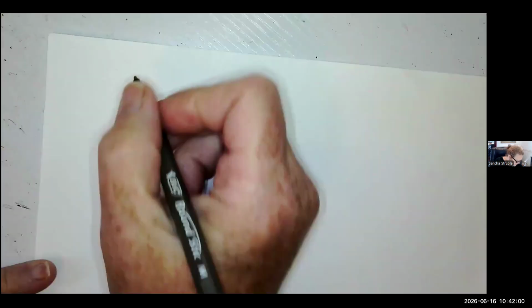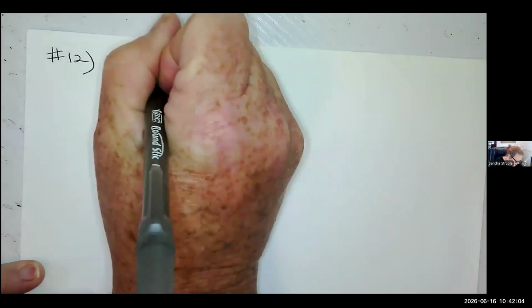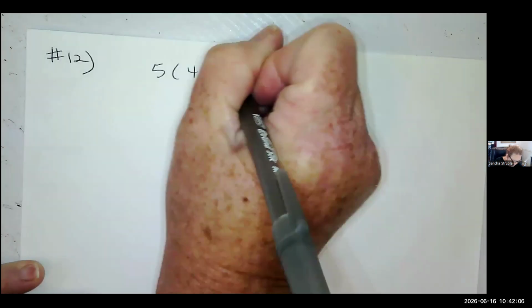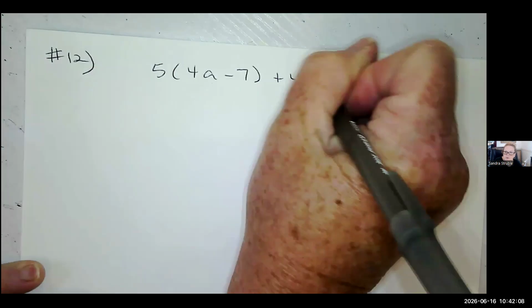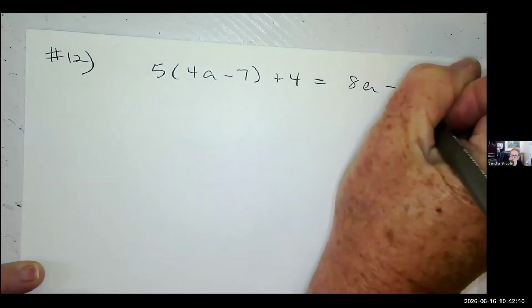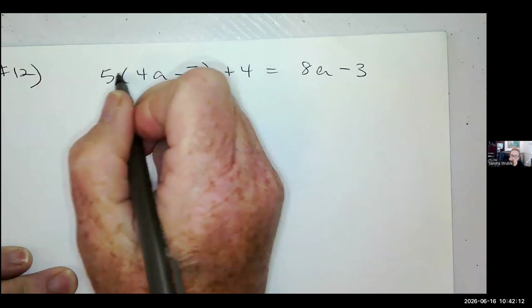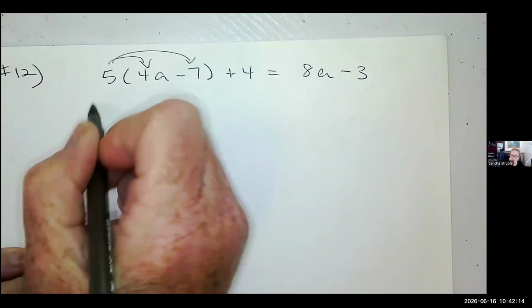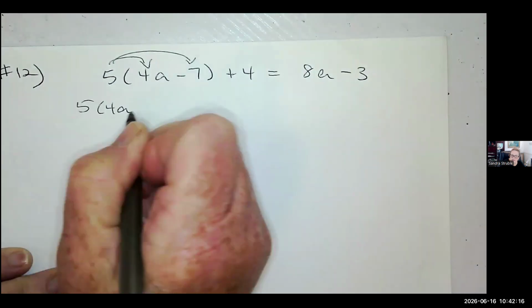Number 12. 5 times 4a minus 7 plus 4 equals 8a minus 3. First thing we have to do is distribute this 5. So this becomes 5 times 4a plus 5 times -7.